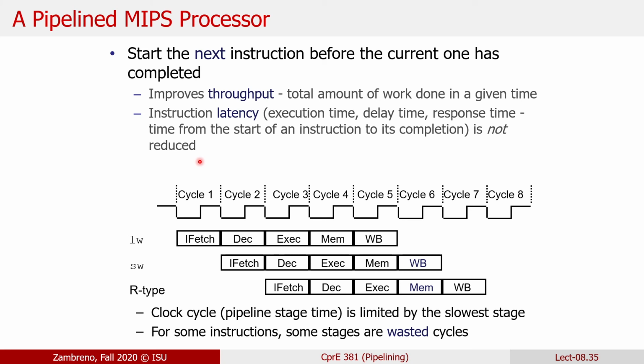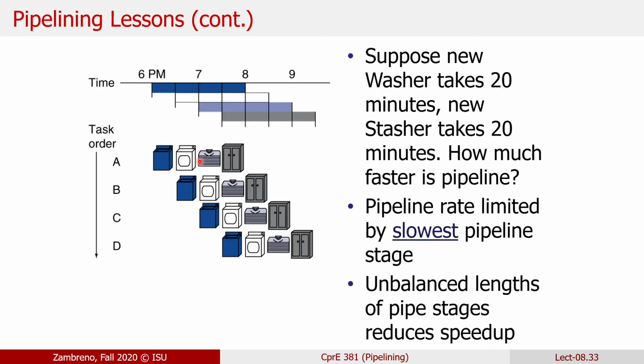A couple other things that are different between this and the multi-cycle implementation is just like there was really no performance advantage if one user decides that they don't actually want to fold their laundry and they just shove it in a ball in their closet. We've all been there. It doesn't actually improve the throughput of our overall laundry.